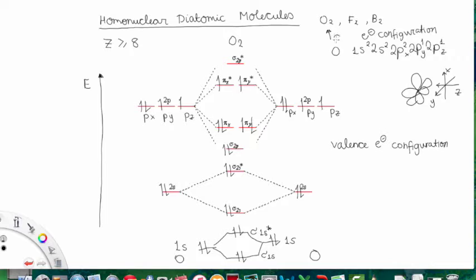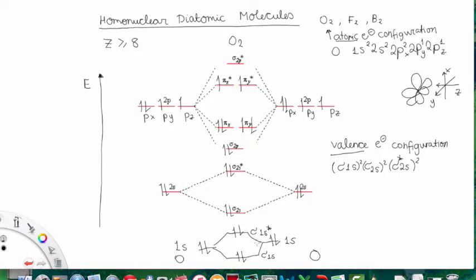So don't get mixed up between atomic electron configuration and valence electron configuration. So this can actually be written as sigma 1s2, sigma 2s2, sigma 2s star, because it's the antibonding.